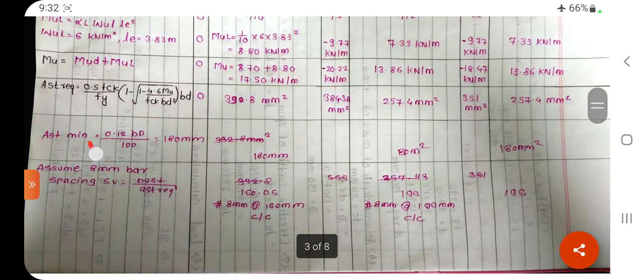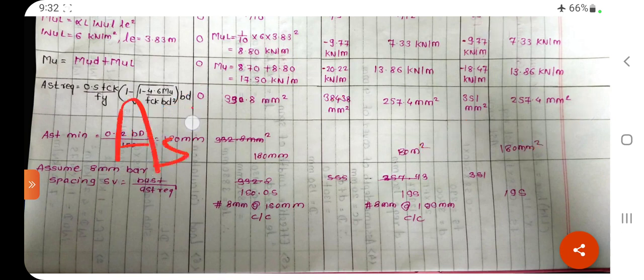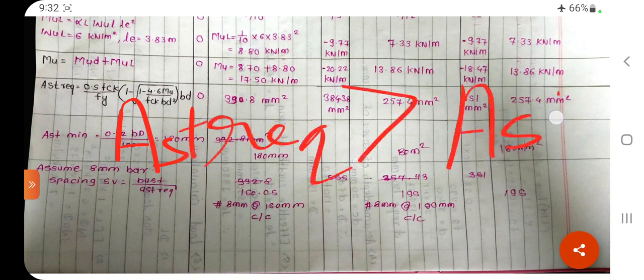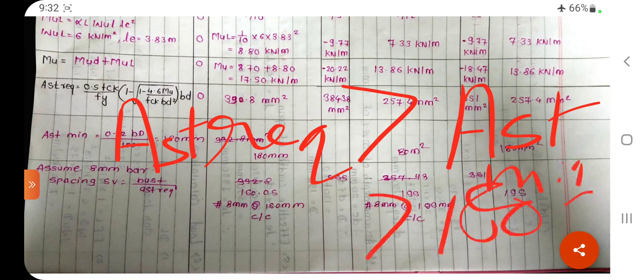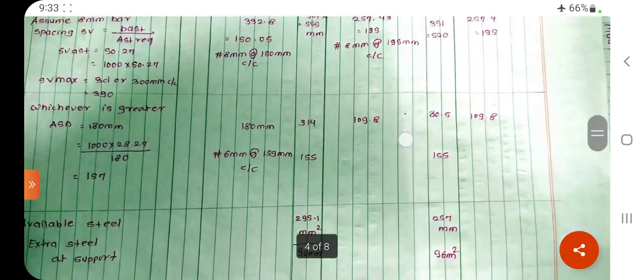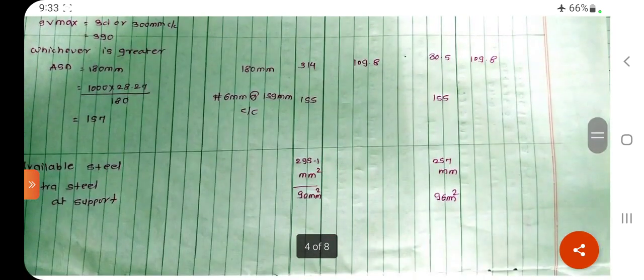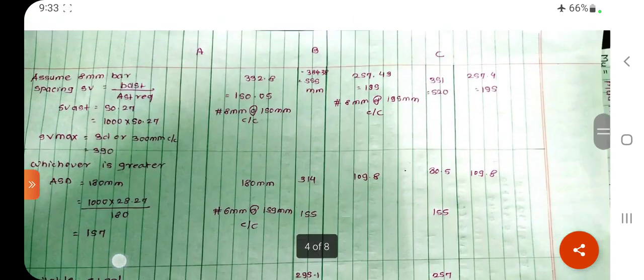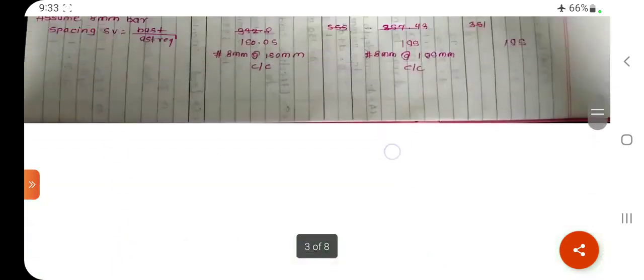Here it is 0.12 bD, which is 180 mm square. Now as our AST required is greater than AST minimum, which is 180 mm square, our previous check is satisfied.